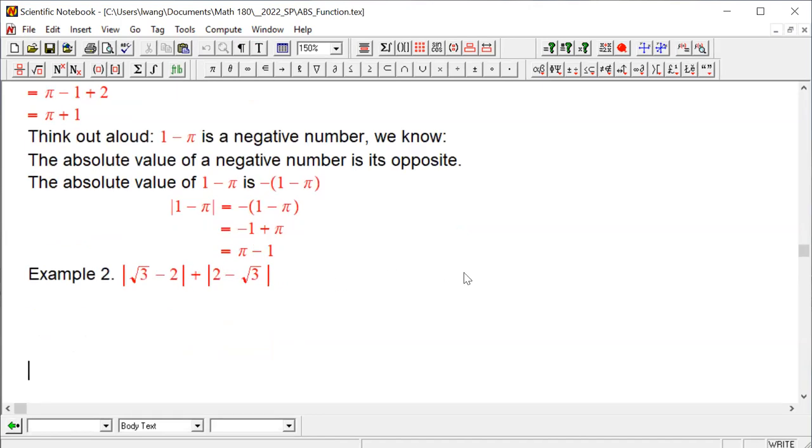What do we do then? Right? Square root of 3 minus 2, we cannot use a calculator here, okay? Square root of 3 minus 2 is a negative number and this is a positive number. How do we know? Well, I'm going to put a think out loud here.